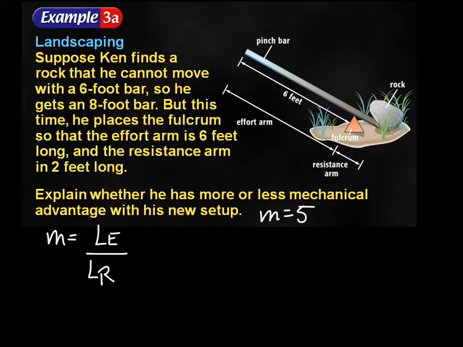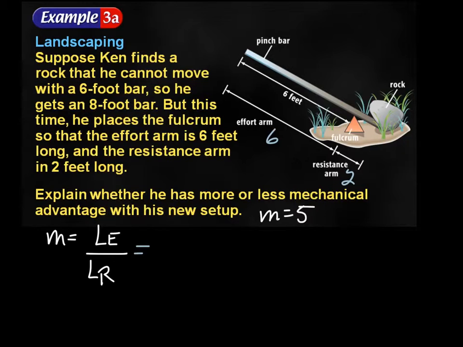Since he couldn't remove the rock with the 6-foot bar, he gets an 8-foot bar. This time he places the fulcrum so the effort arm is 6 feet, and that leaves the resistance arm 2 feet long.